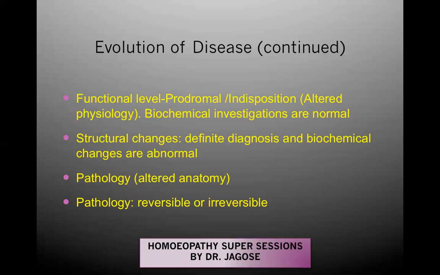So in an indisposition, if you remove the external cause, the indisposition will spontaneously cease. Whereas in a true chronic disease, you may be having an exciting cause or a precipitating cause. Even after removing that, the disease is still present. That tells you that this is a true chronic disease and it's not an indisposition. You have to take the case, and give an internal medicine, a dynamized homeopathic medicine, in order to completely eradicate it.